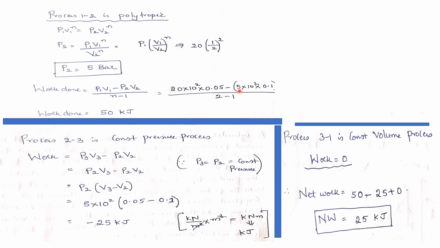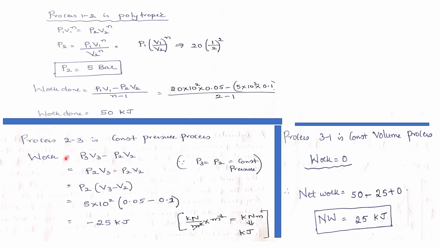P2 is 5 bar, again converted into kilonewton per meter square, so 5 into 10 to the power 2 into 0.1 meter cube, the volume at state 2, divided by n minus 1. So n is 2 minus 1. If I calculate this, the work done during the polytropic process is 50 kilojoules.